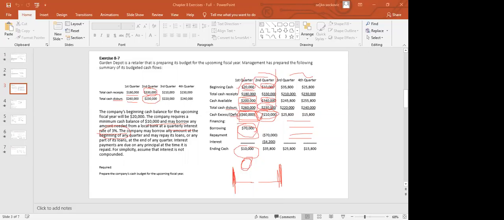If we just count, let's say here, that we borrow this at the end of the first quarter, then we would just have 1 period. So we would just have 3%. 3% of 70,000 would be 2,100, but that would not be correct, right? We have two periods. We borrowed at the beginning of the period when we need the money, and we will repay it at the end of the period when we have the money to repay.